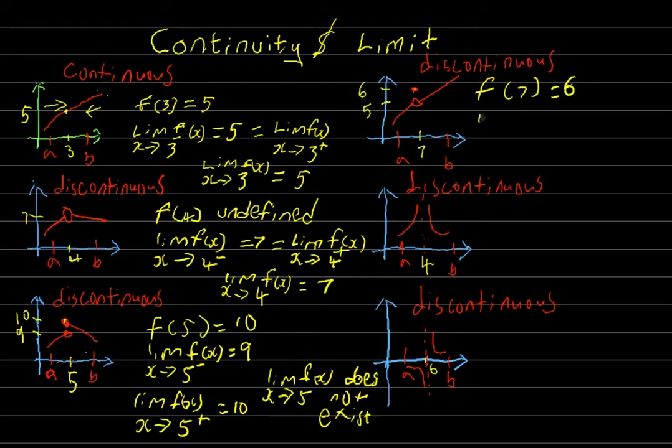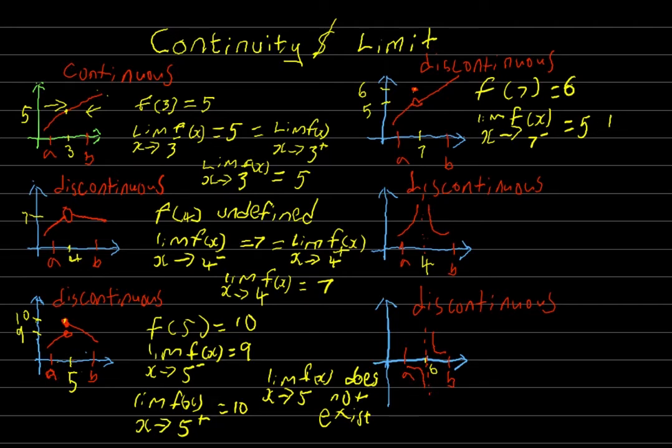So the limit of f of x as x approaches 7 from the left hand side is equal to 5.